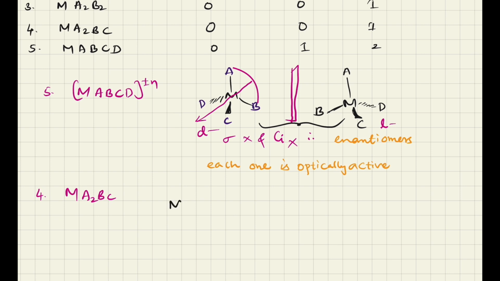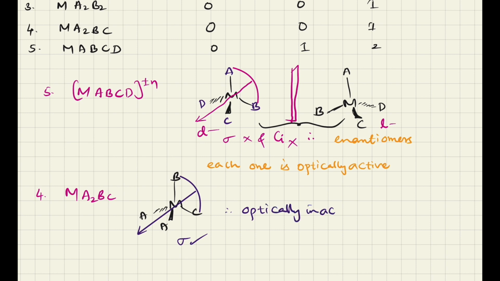Next example: in case you do not understand, actually I could stop with M, A, B, C, D only, but for other purposes I explain here with M, A, A, B, C. Here two ligands are the same, therefore a plane of symmetry is compulsorily present. With any two ligands the same, the plane of symmetry sigma is present, therefore optically inactive.